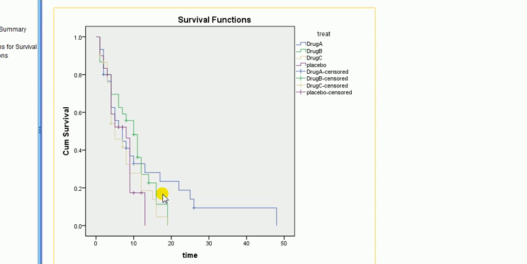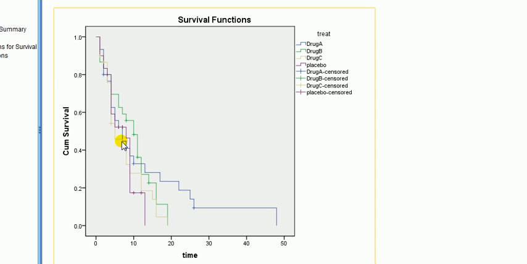If we were to get another 30 people and put them in group A, another randomly chosen 30 for B, for C, and for placebo, 30 in each group like before, and redid this trial, you would find that the estimates, these lines, will be slightly different, because they are different people and the numbers are going to be slightly different.